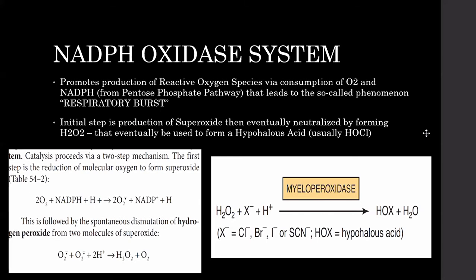So please take note of that. Chronic granulomatous disease: deficiency of your NADPH oxidase, no formation of your superoxide, recurrent infections, production of granulomas in the body. Okay? Do not interchange this with the cytochrome B5 reductase system.